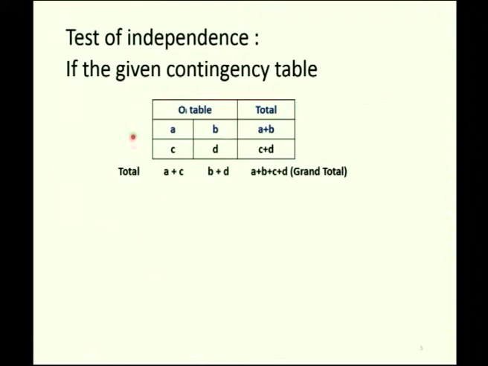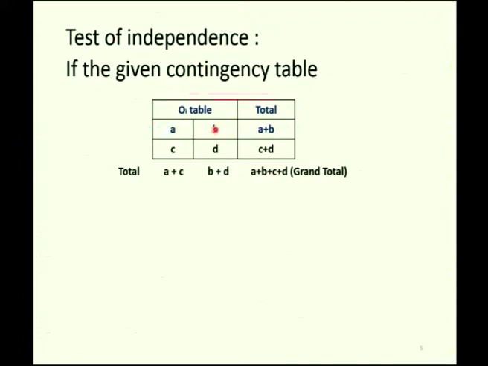Here one attribute will be given along rows and then another attribute will be given for columns. This is OI table. A is the number of values where it is possessing attribute 1 in a row and attribute 1 in column.